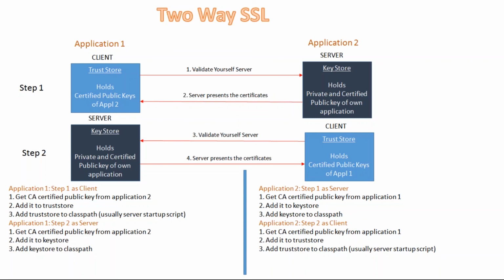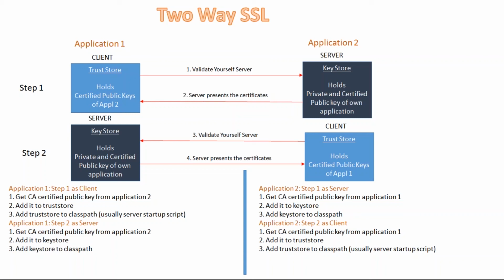But the basic steps remain the same. As a client, you get the public keys from the server and store them in your trust store. As a server, you create the public private key and hold it in your key store.